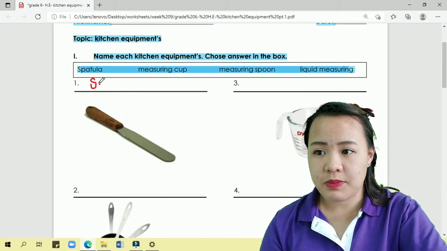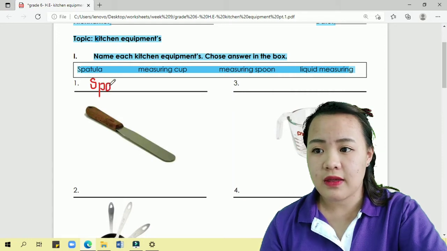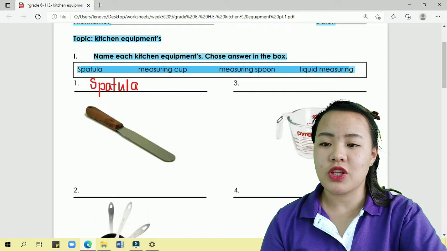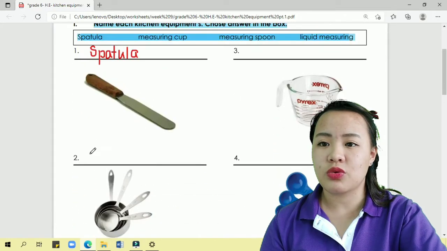Write it in the space here. S-P-A-T-U-L-A. Okay, so that's the answer. You're going to continue answering parts 2, 3, and 4.